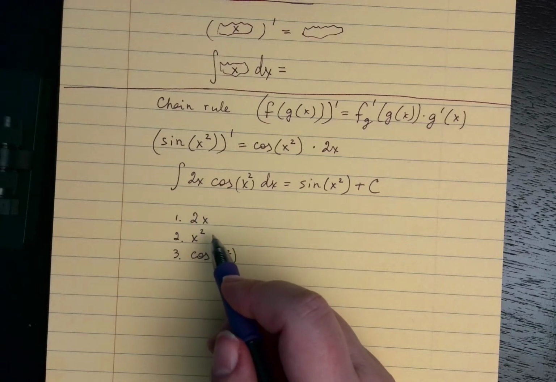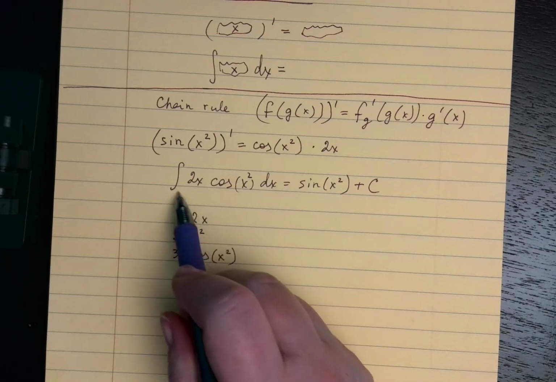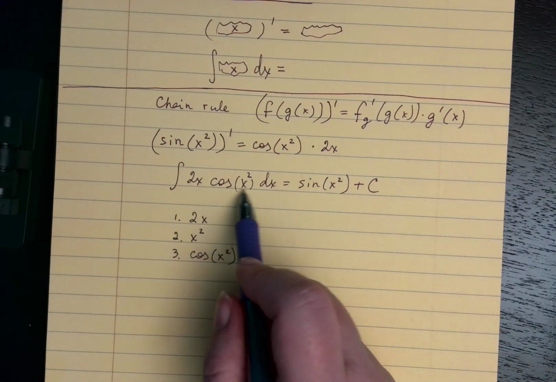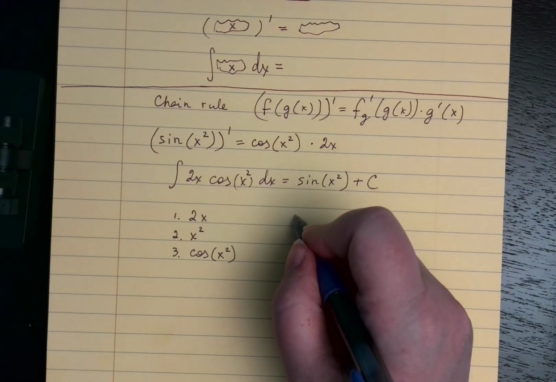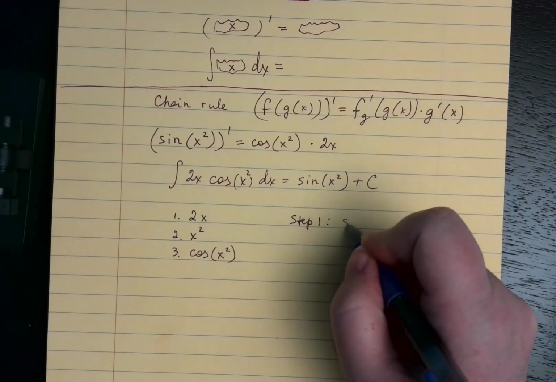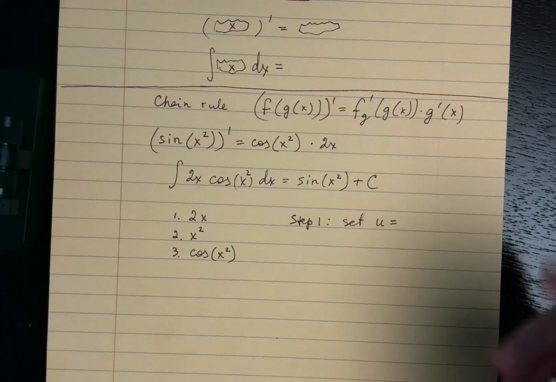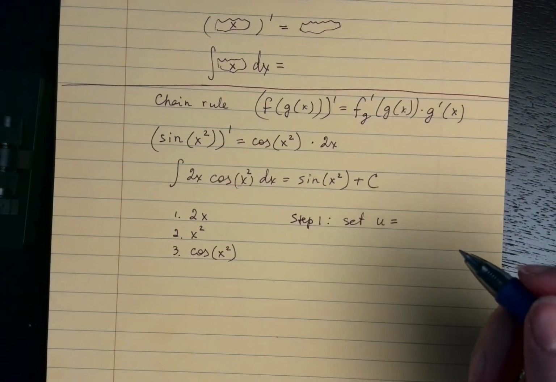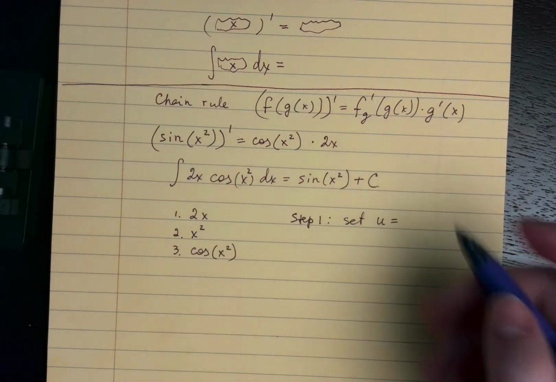And sometimes it's obvious, because you can see that one pattern is a derivative of another. So that other pattern would be our choice for step 1. Step 1, set u equal to a not crazy advanced pattern, but something that appears here.